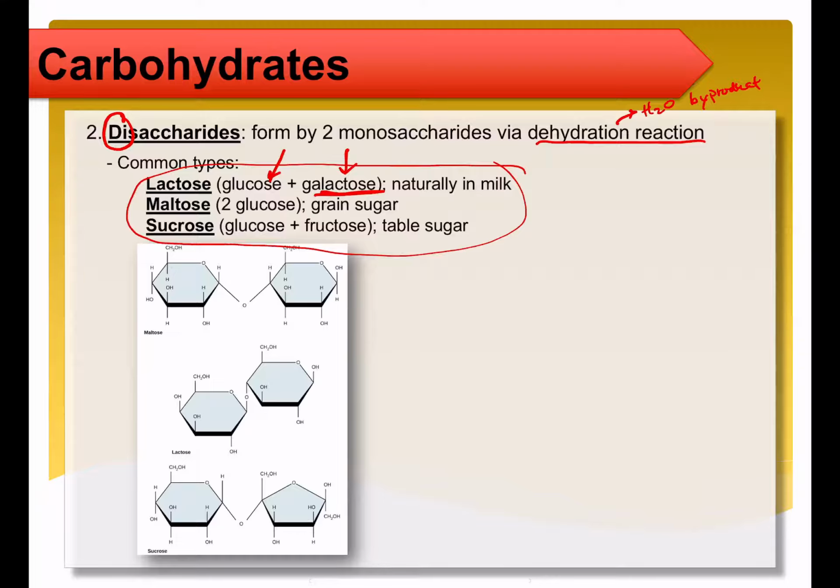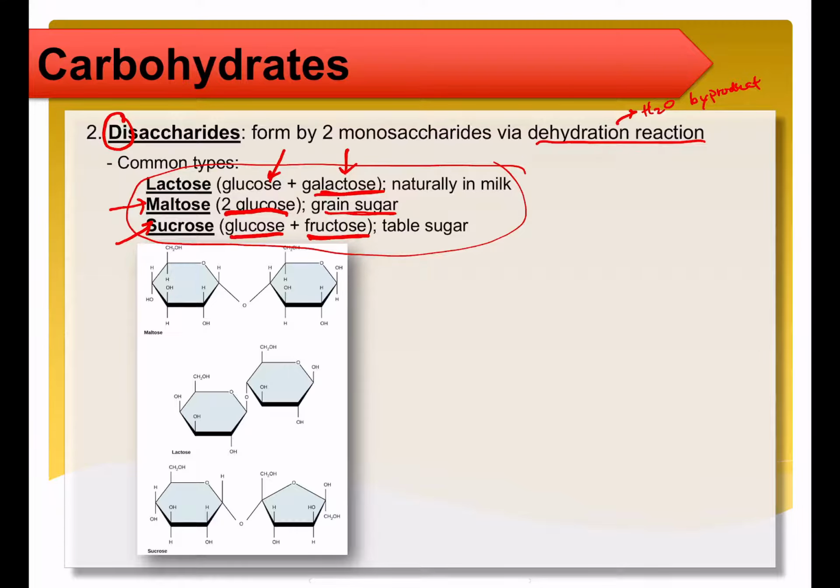And then maltose, as we have talked about in the beginning as the first example of dehydration synthesis, is formed by 2 glucose molecules, and maltose is usually what's in our grain sugar products. And then sucrose right here is when we have a combination of 1 glucose molecule with a fructose molecule.